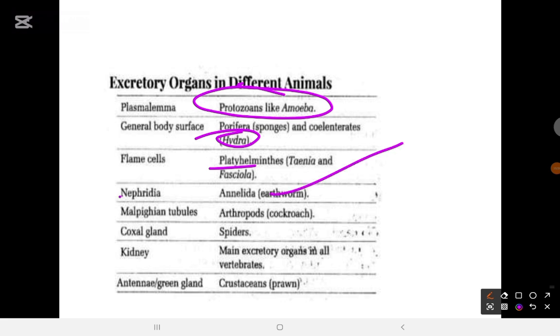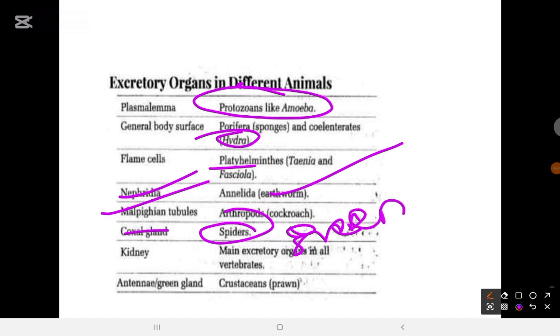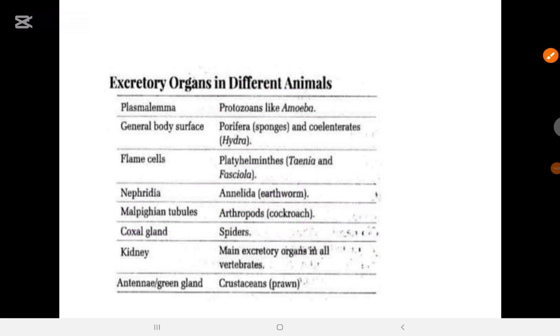The annelids use nephridia. The insects, such as cockroaches, use Malpighian tubules, but spiders, for example, use the coxal gland or green gland, or antennary glands. Those are different names by which they are recognized: green glands, coxal glands, or antennary glands. Then the kidney is the main excretory organ in all vertebrates.